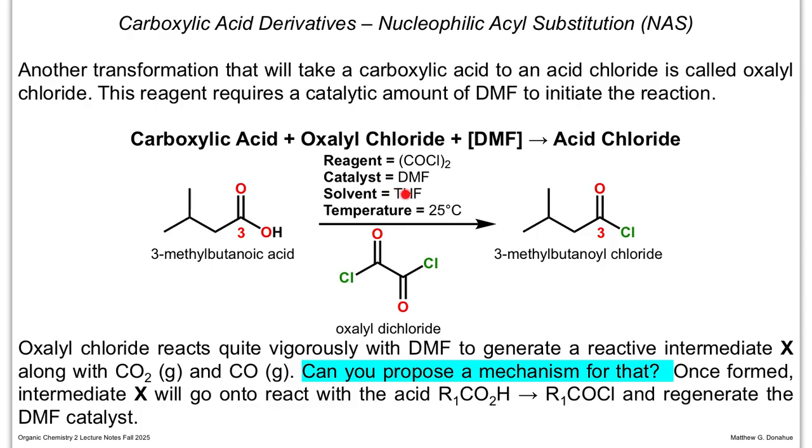And then the reaction has to have this catalyst, DMF. So DMF is an amide. Overall, you would get the same acid chloride product out.